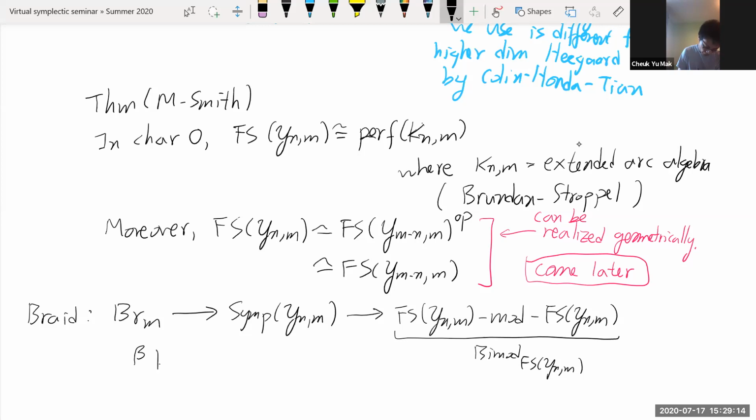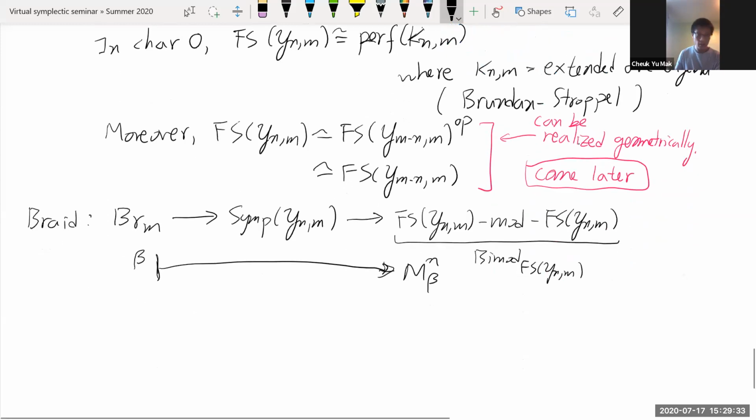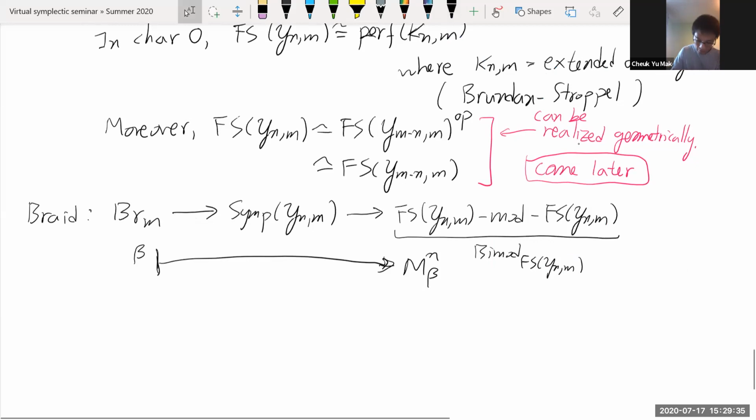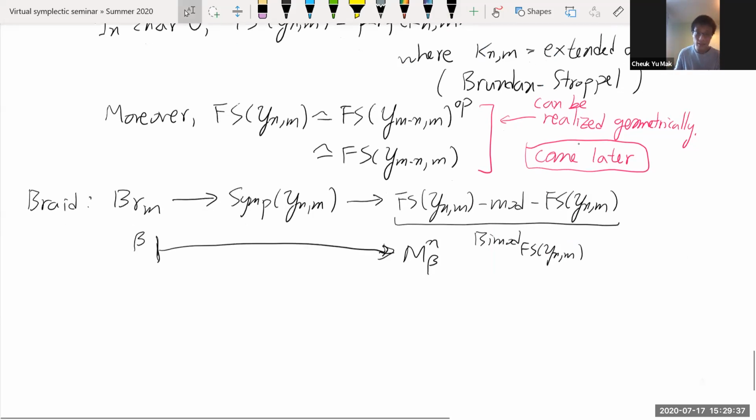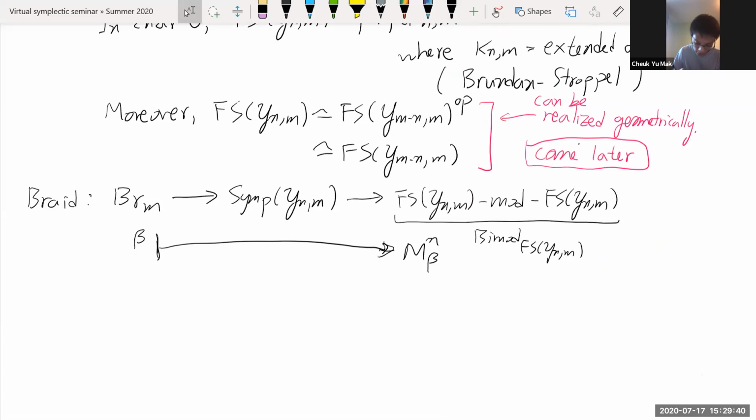So if you give me a braid beta, it will send it to a bimodule over this Fukaya-Seidel category of YNM. And now we have everything we need to define the symplectic annular Khovanov homology.